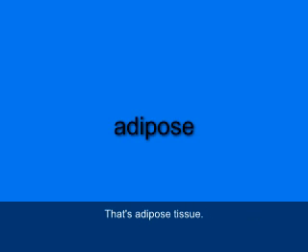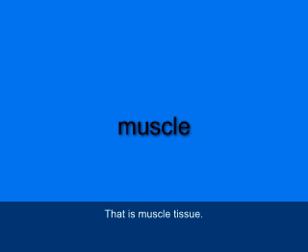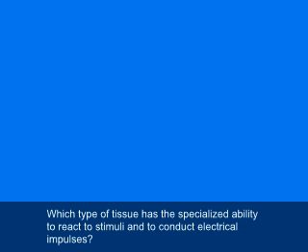That's adipose tissue. And what is the type of tissue that has a specialized ability to contract and relax? Well, that's muscle tissue. And which type of tissue has the specialized ability to react to stimuli and to conduct electrical impulses?